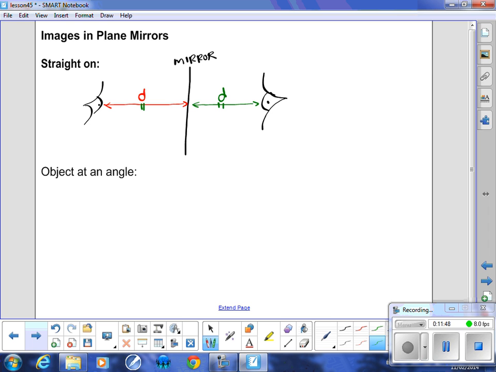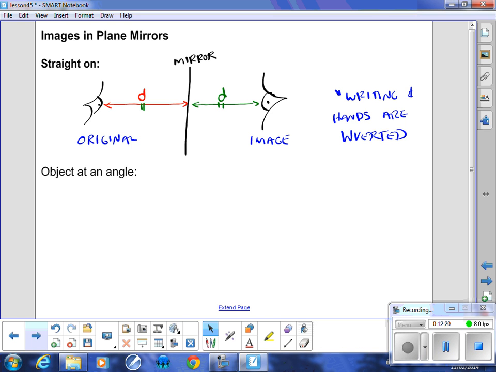Those two lines would be of equal length. So we have our original and we have our image. We would find that when we look in the plane mirror, our writing and hands are inverted. Your left hand appears to be your right hand in the mirror, and so on and so forth.